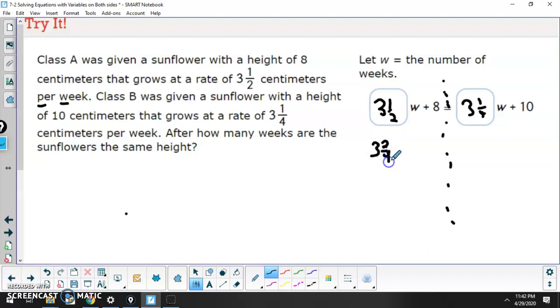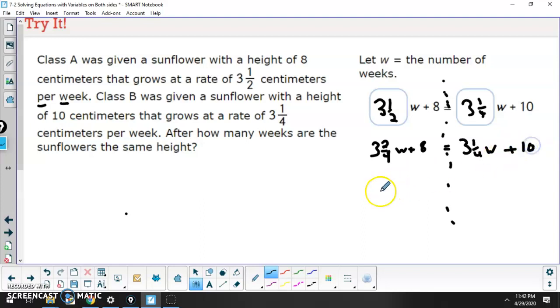If you make it into decimals, you could do it that way too, but we're going to go over fractions. So we have 3 and 2/4 W plus 8. And you can't always make things into decimals, by the way. It gets really ugly if you get a repeating decimal, so get used to using fractions here, guys. Then 3 and 1/4 W plus 10.